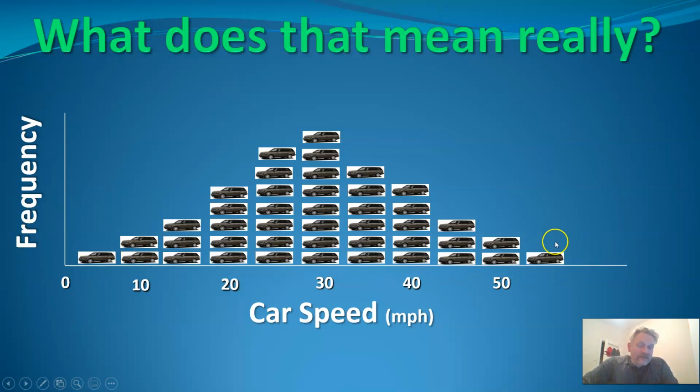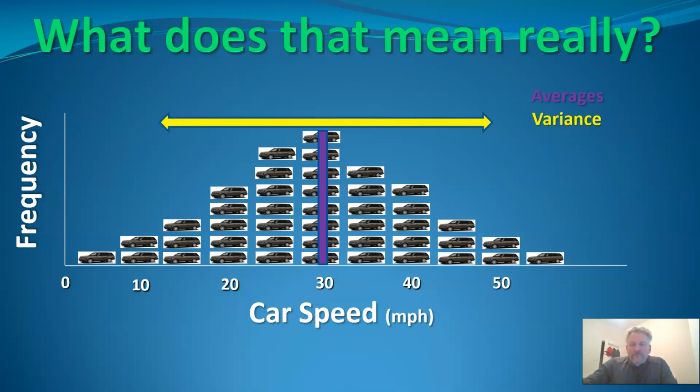Equally, thankfully, there's very few people who zoom along at 55 miles an hour. Most people are obeying the speed limit, and they'd be represented by the average, by the central tendency. So if we think of the averages, the mean, the median, and the modal average, then typically they would all align and be around about the same figure.